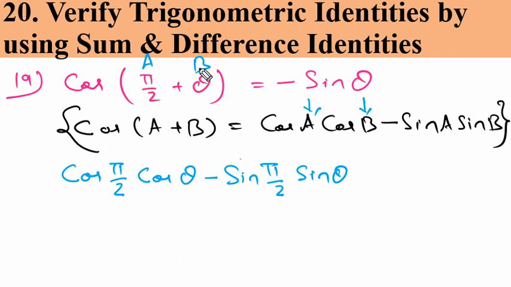A is pi over 2, B is theta. Now what is the value of cos pi over 2? The value of cos pi over 2 is 0. You can use the calculator and you will see that cos pi over 2 is 0.